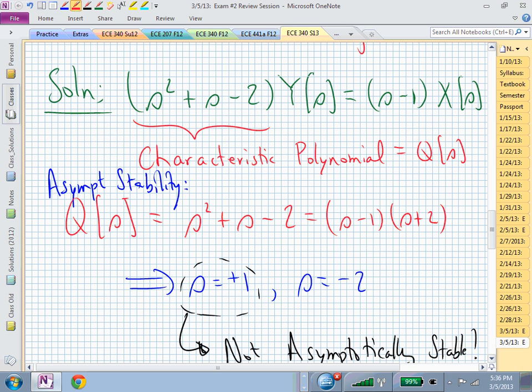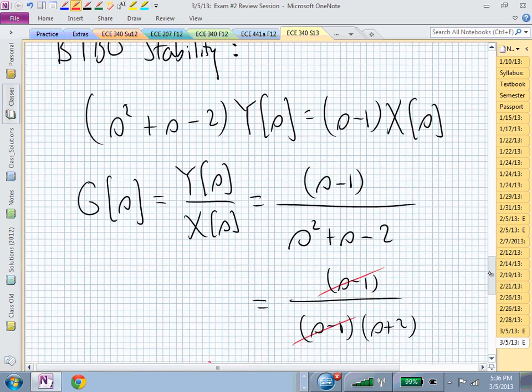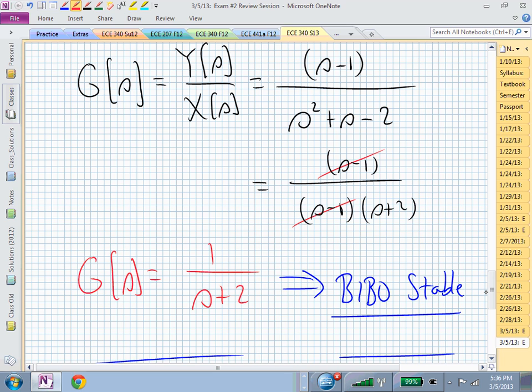That's asymptotically stable. For BIBO, you have to find the transfer function, and you could possibly have unstable factors being canceled, and it would be BIBO stable, theoretically. That's the distinction I want you to be able to produce or use in this class.